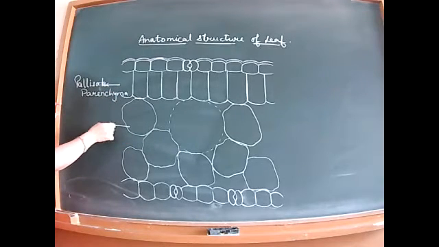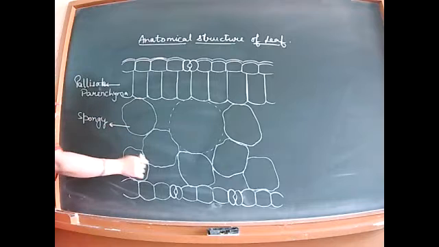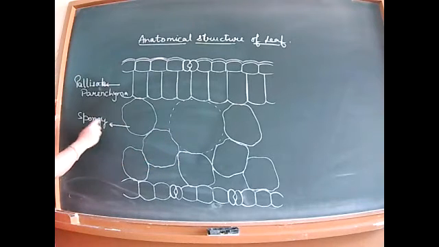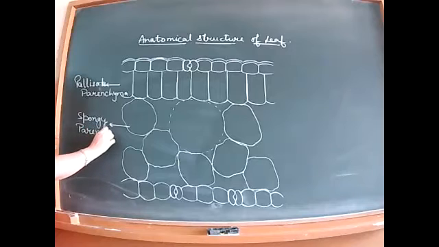And this is the layer that is spongy parenchyma. It gives the look of sponginess, that is a soft structure. So this is spongy parenchyma because it has big intercellular spaces in it.